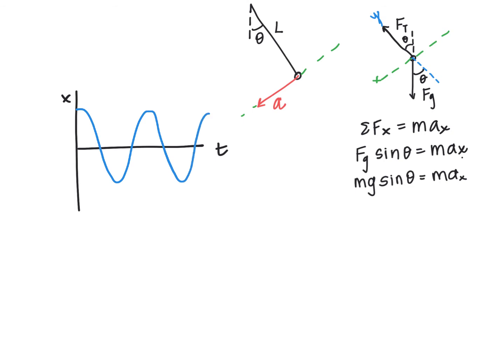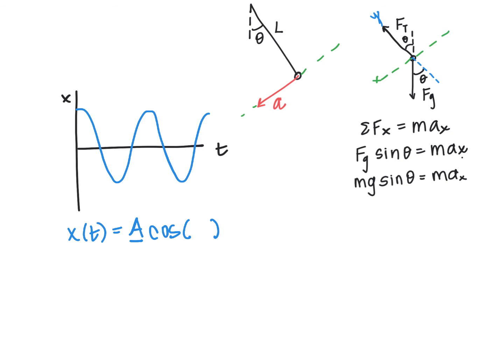Now from your math class, you probably learned that that is a positive cosine graph, and that we would have the cosine of some radian angle. The coefficient in front of the cosine would be A, as in the amplitude, so how far it goes, and then this would be our angle.